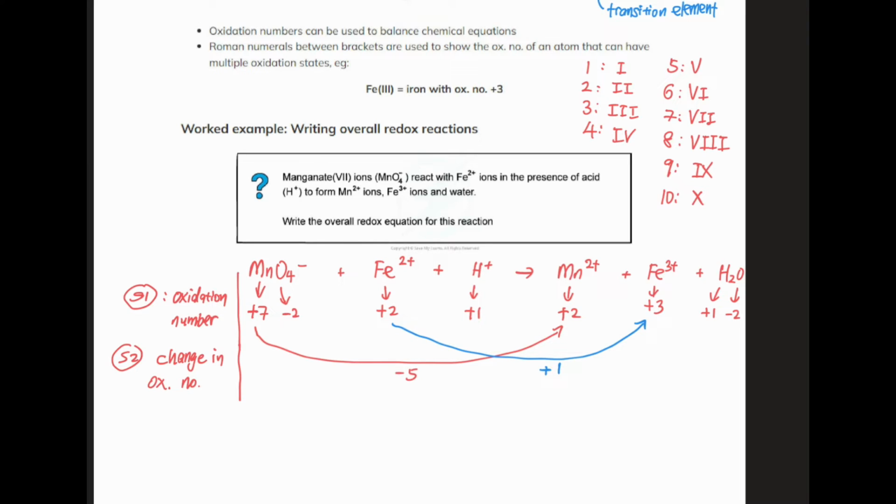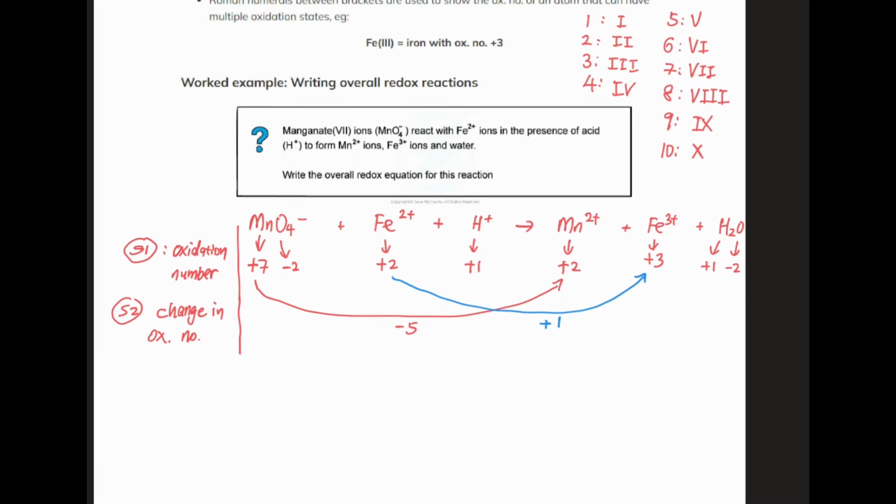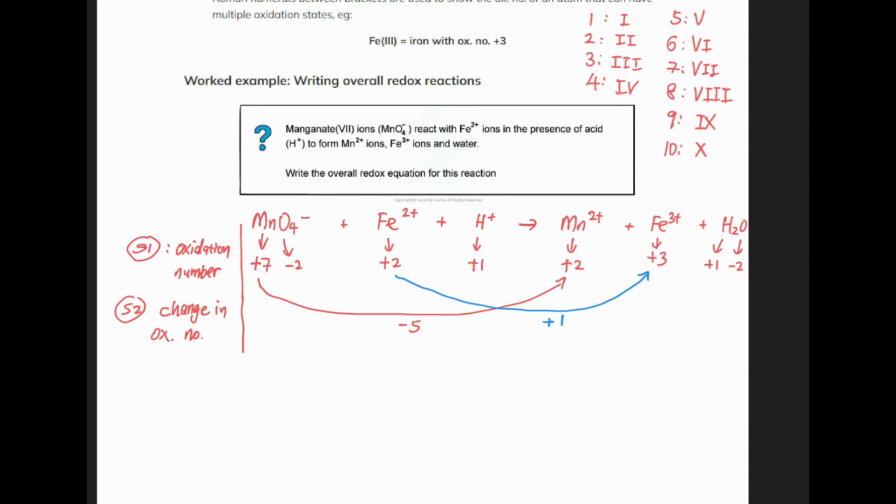Now, what to do is you have to balance the change here. So, you know, this is -5. This is positive 1. So the third step, I write it at the side first.